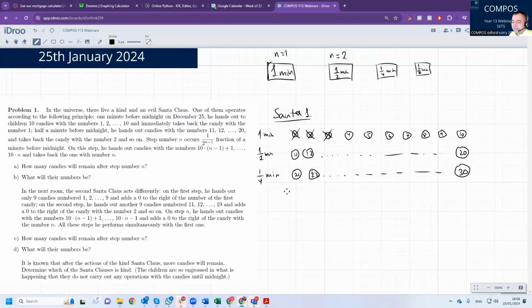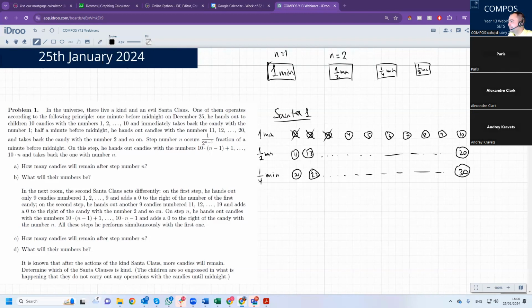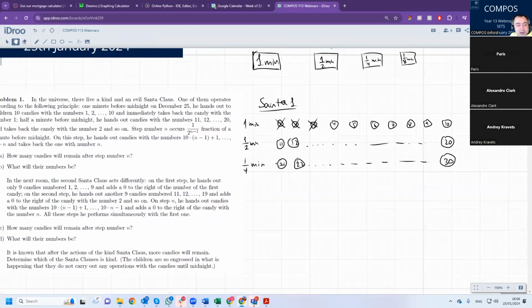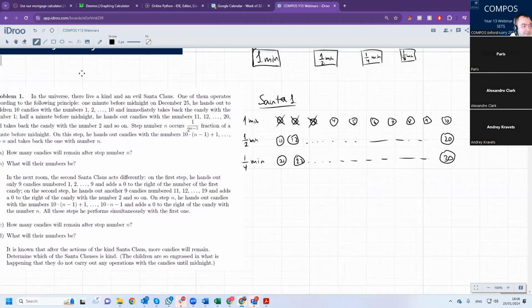Does that make sense? It's a weird, bizarro Santa. He gives out 10 candy but takes away just 1. So how many candy do we have after n steps?